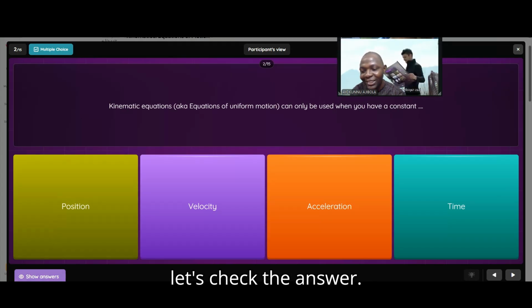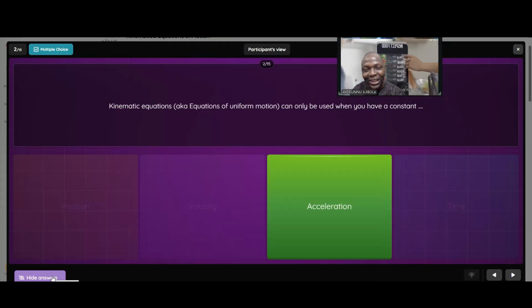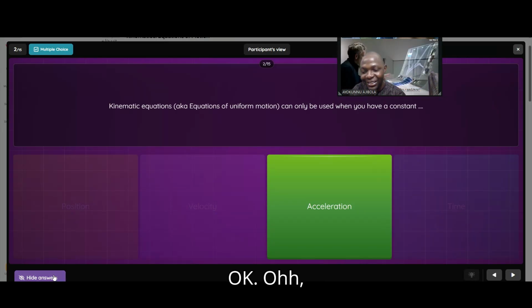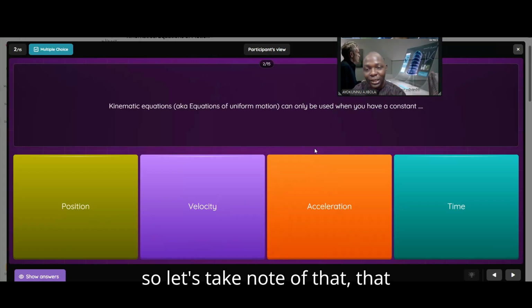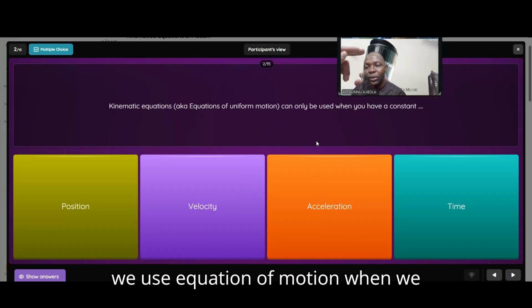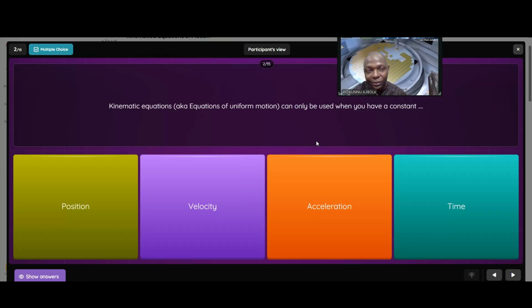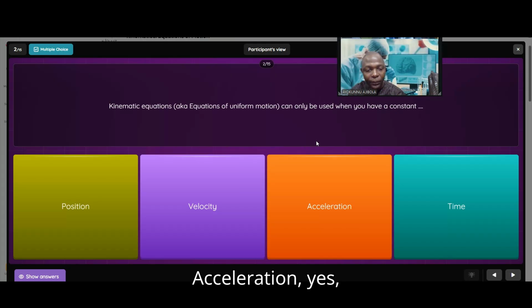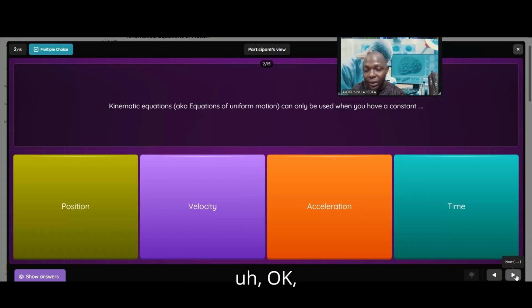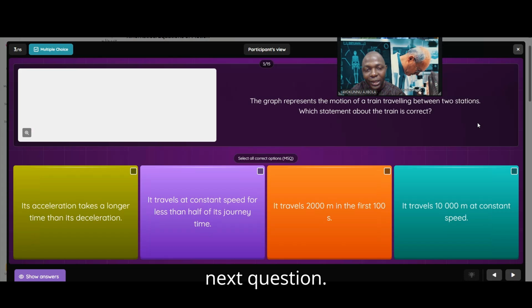Okay, let's check the answer. Acceleration. So let's take note of that: we use equations of motion when we have constant acceleration. Is that clear? Good. Okiki, next question.